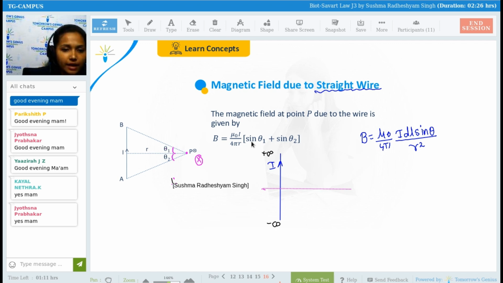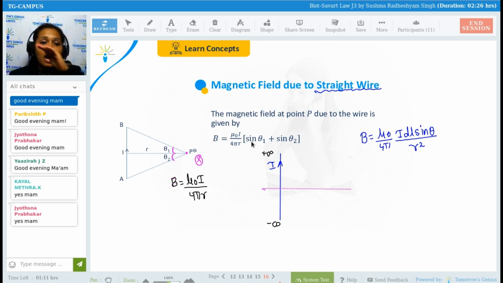So now the magnetic field at B is simply mu naught over I upon r. But we know that there is a theta. So mu naught I over 4 pi r is the magnetic field due to a semi-infinite wire, because we derived this equation where we get mu naught over 4 pi r.